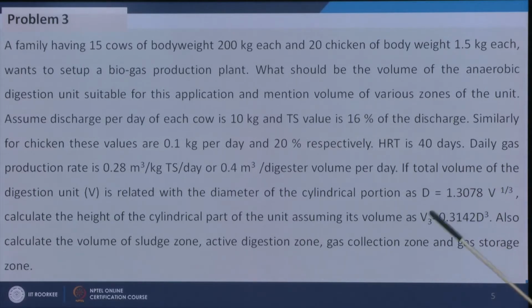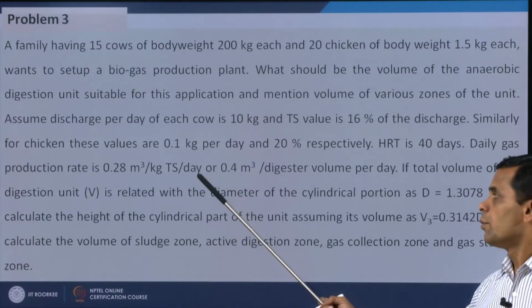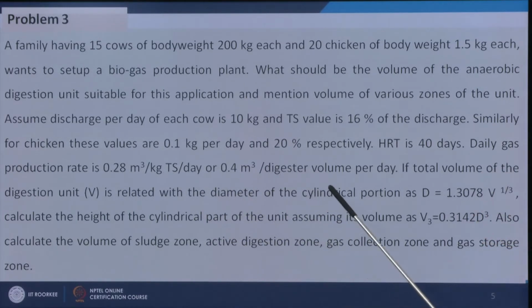So, daily gas production rate is 0.28 meter cube per kg TS per day or 0.4 meter cube per digester volume per day.